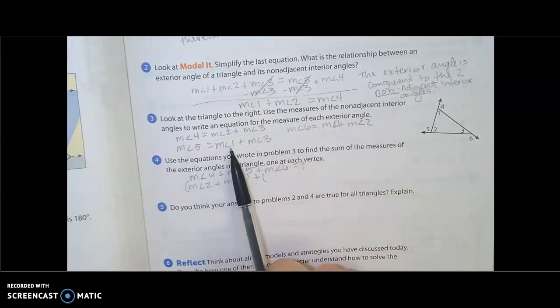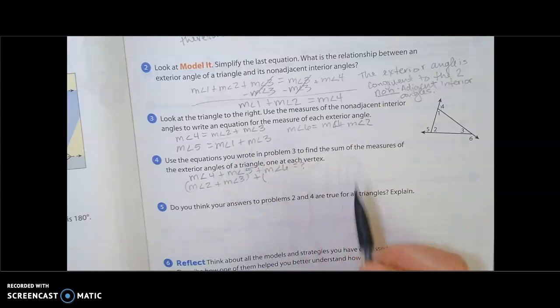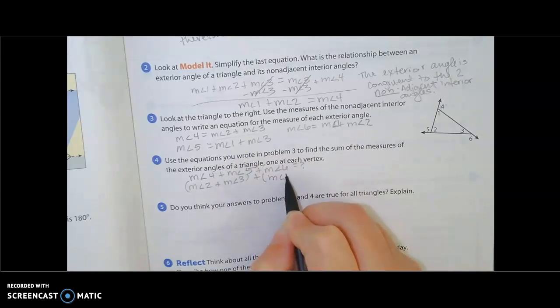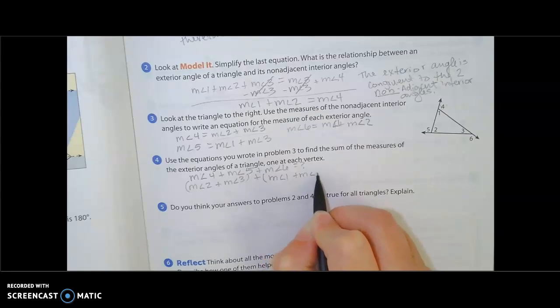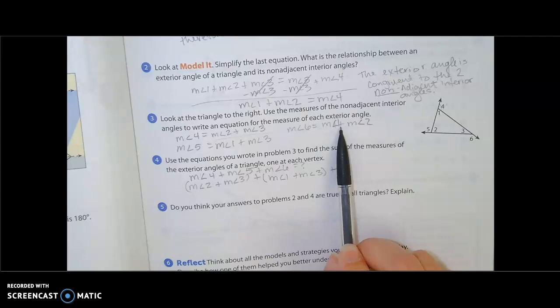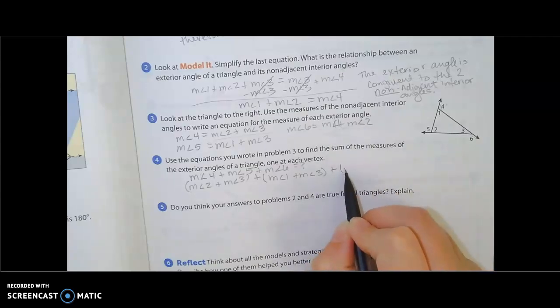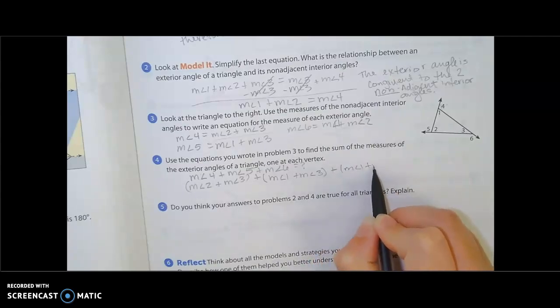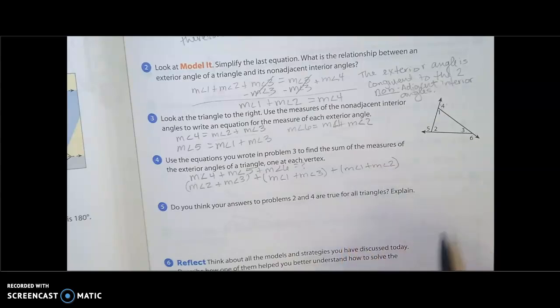Well, measure of angle 5 is measure of angle 1 plus the measure of angle 3. And then lastly, 6. 6 is the measure of angle 1 plus the measure of angle 2. I still don't know what it equals yet, but I do know that I have all of those.